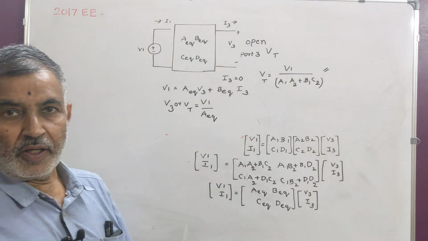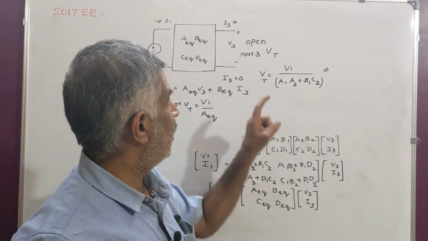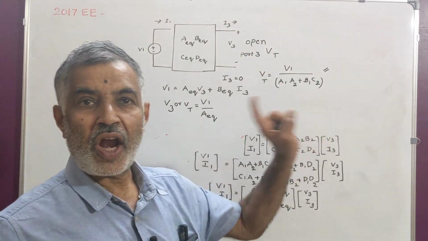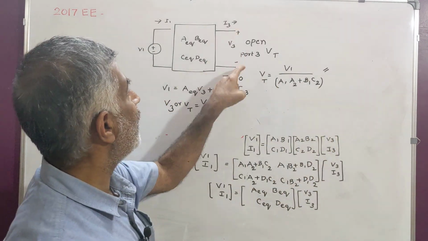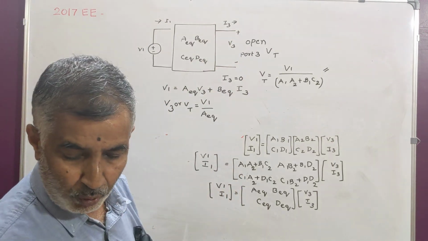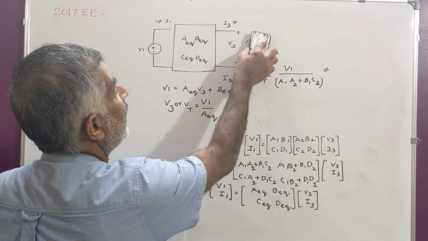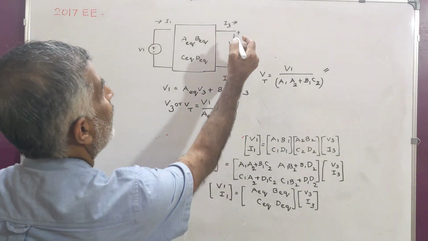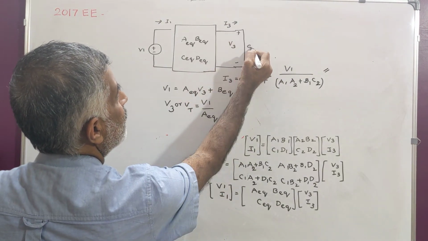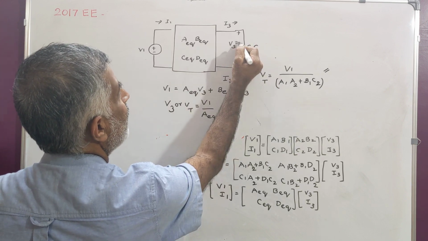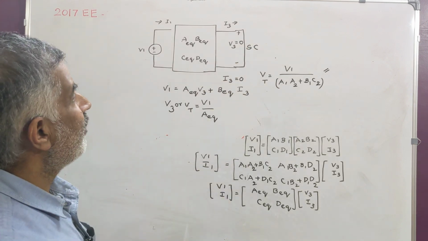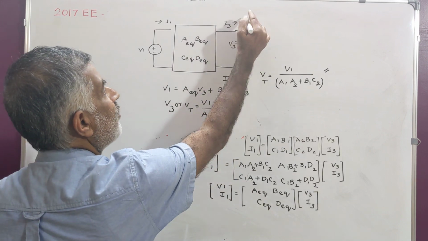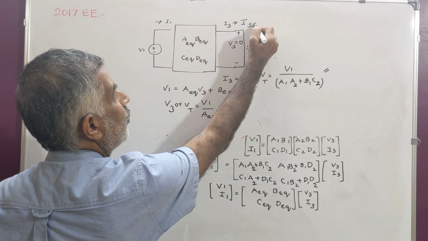Next. Now, to find short circuit current, we have to short the port 3 terminals. When port 3 terminals are shorted, this is called short circuit. V3 becomes 0 and I3 becomes what is called short circuit current.